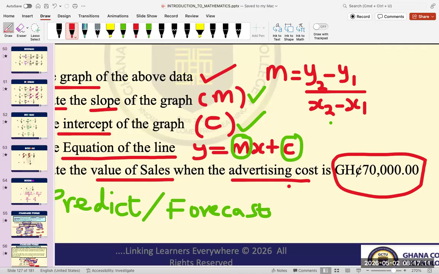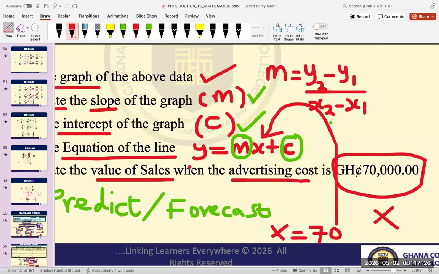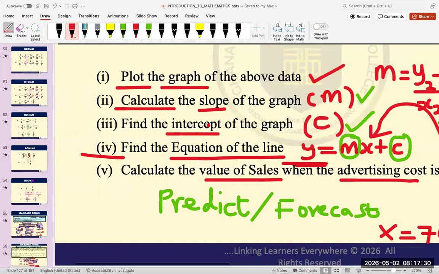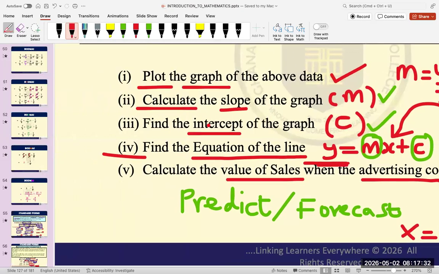And you know that the advertising cost is represented by X. So what it means is that put X equals 70 into the equation and then find the value you get for Y. So these are the 5 questions we are supposed to do.